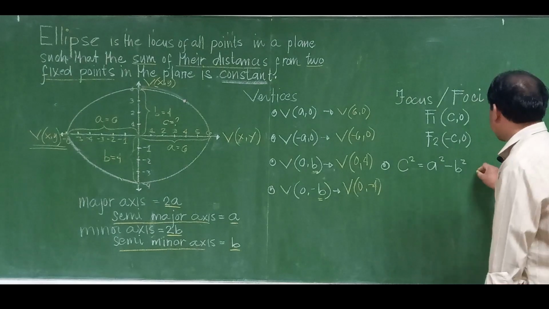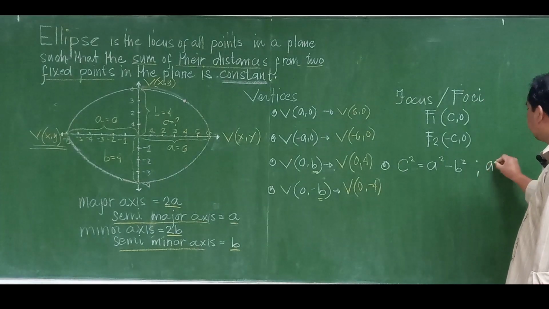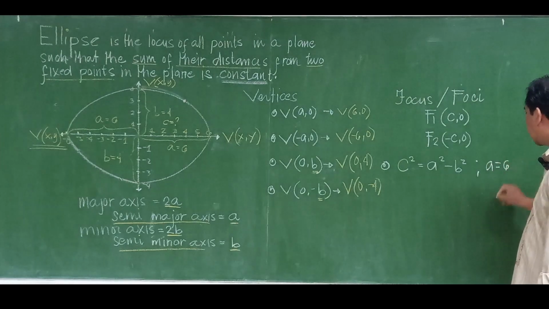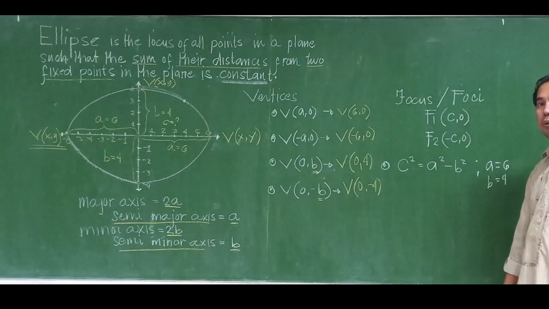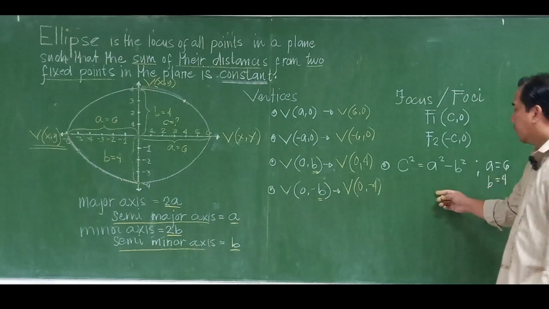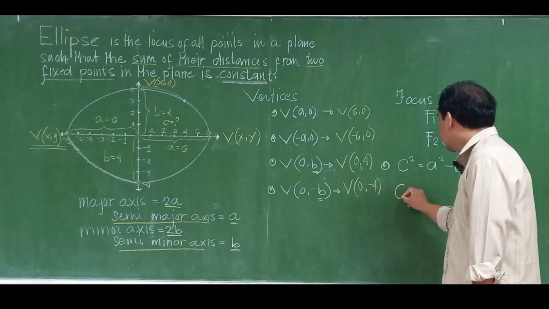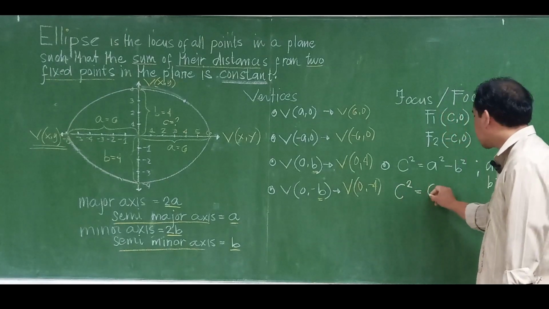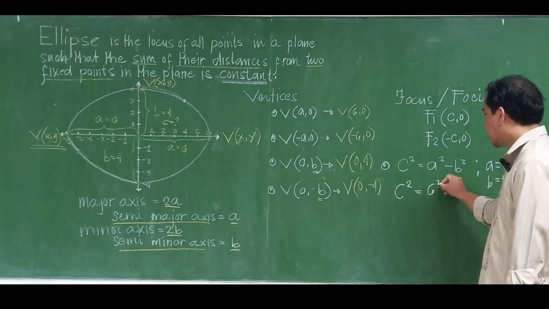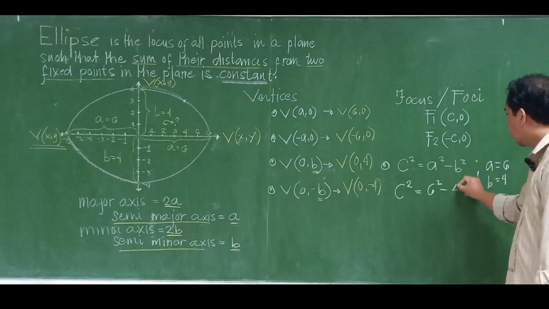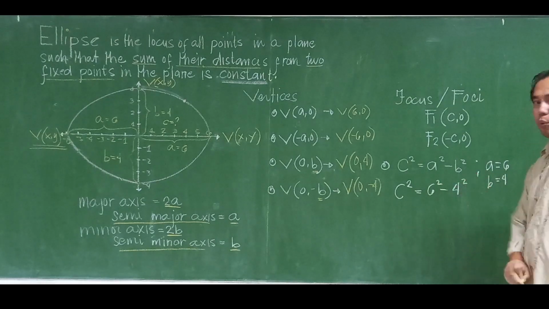So to get now the value of C, we are going to use this one. Why? Because, as I said, our A is 6. Our B is 4. By substituting this one, we have C squared is equal to 6 raised to the second power minus B, that is 4, raised to the second power.